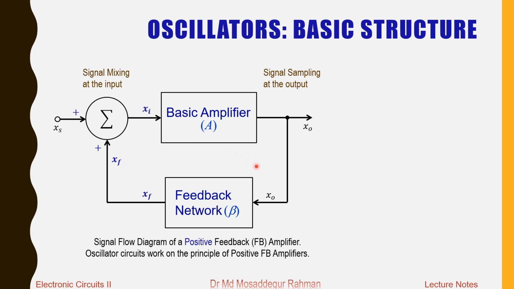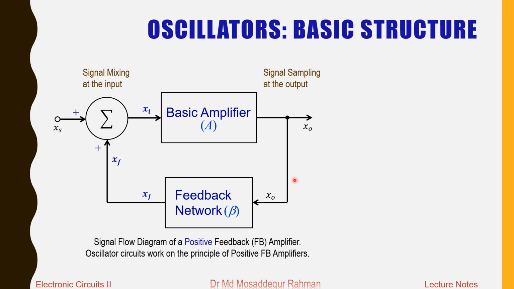So the oscillator circuits basically work on the principle of positive feedback. The feedback signal Xf here is added with the source signal, and the summation is Xi that goes into the input of the basic amplifier. This we can also call the signal flow diagram of a positive feedback amplifier.